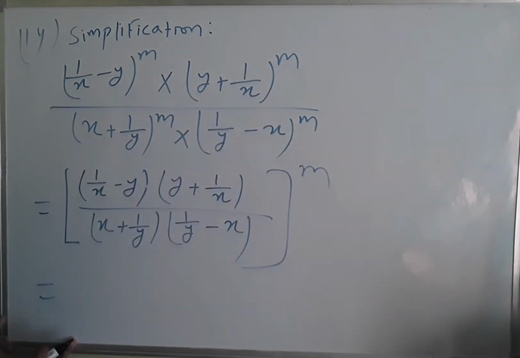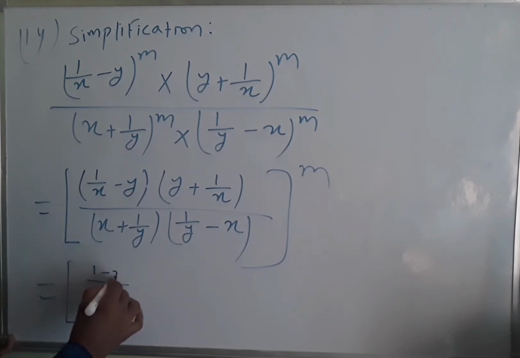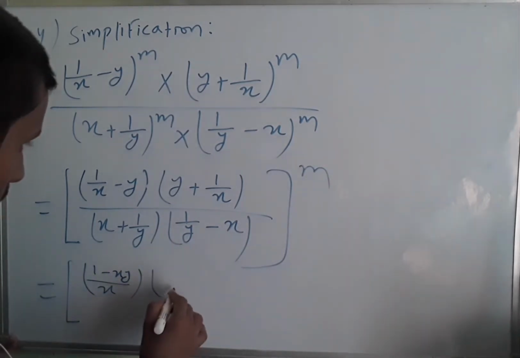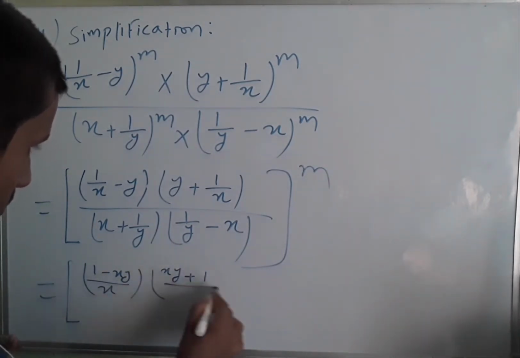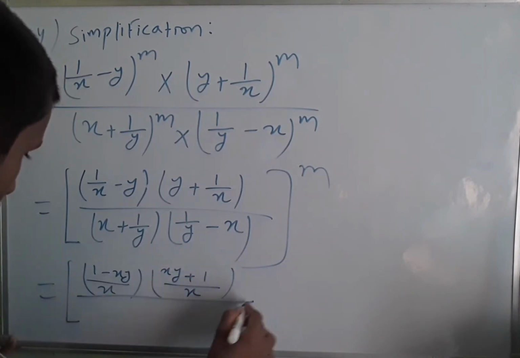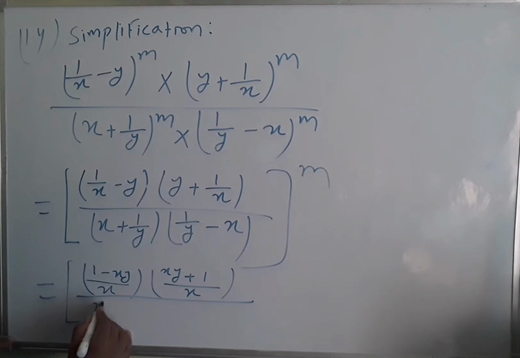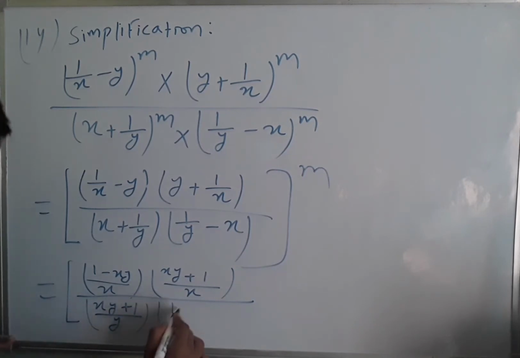Now, after solving this, what you can do here is the subtraction. This is going to be x at the bottom, 1 minus xy, times xy plus 1 divided by x, this divided by xy plus 1 divided by y times 1 minus xy divided by y.